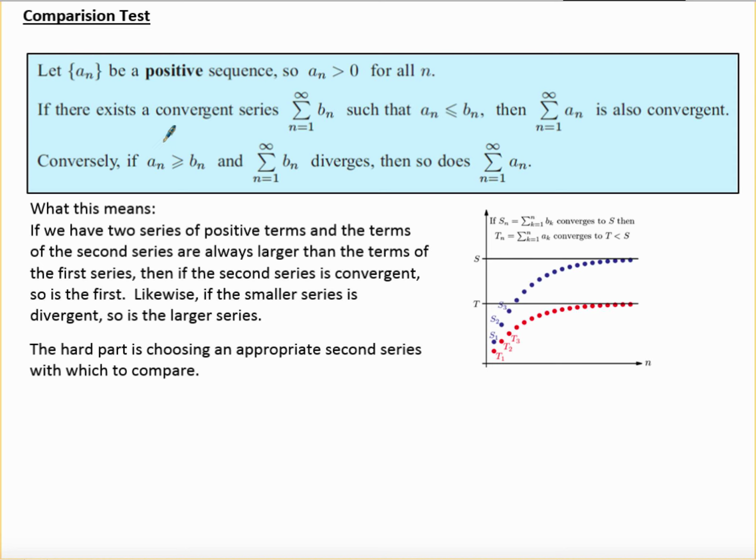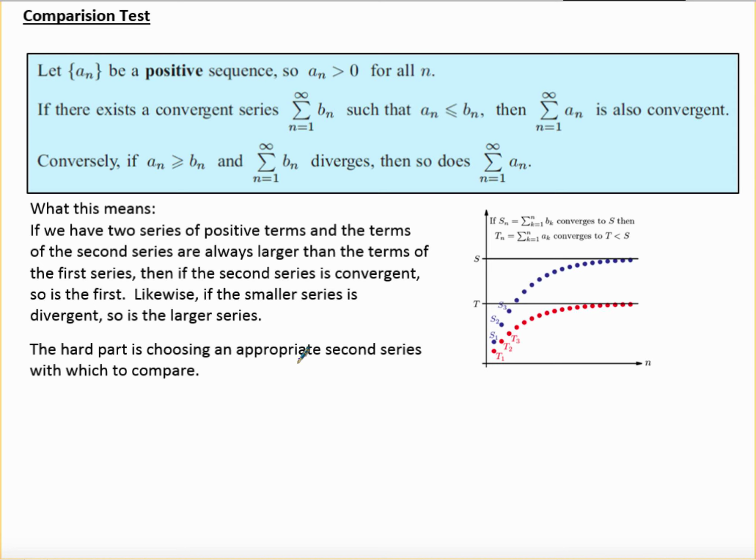Conversely, if a sub n was the larger sequence and b sub n was the smaller one, then if b sub n, if the smaller one diverged, then so did the larger one.